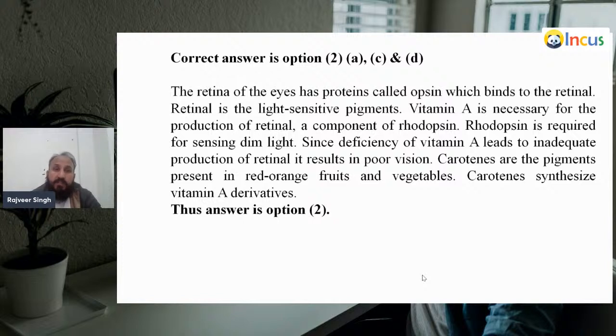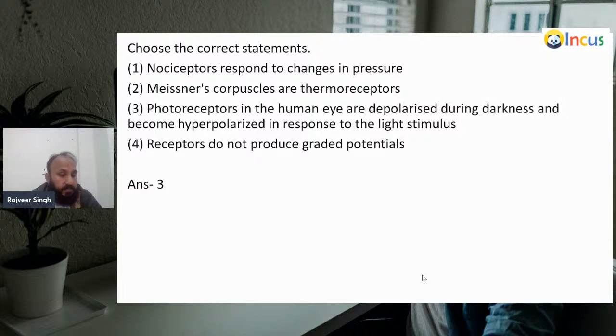Rhodopsin is required for sensing dim light. Deficiency of vitamin A leads to inadequate production of retinal, resulting in poor vision. Carotenes are the pigments present in red-orange fruits and vegetables, and carotene synthesizes vitamin A derivatives. So the second option is the more right.